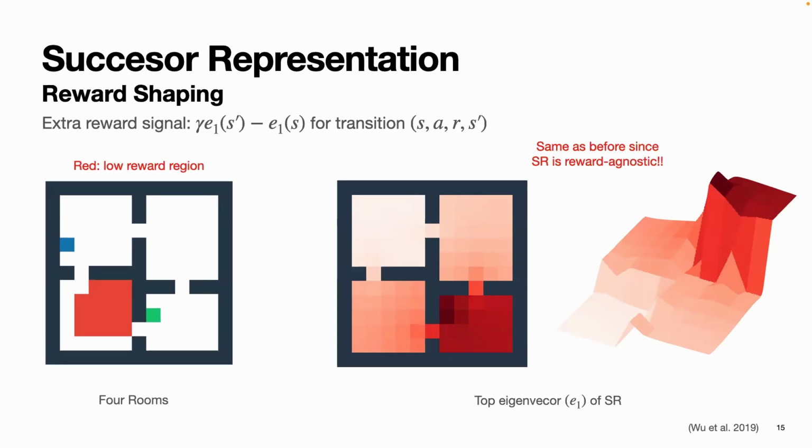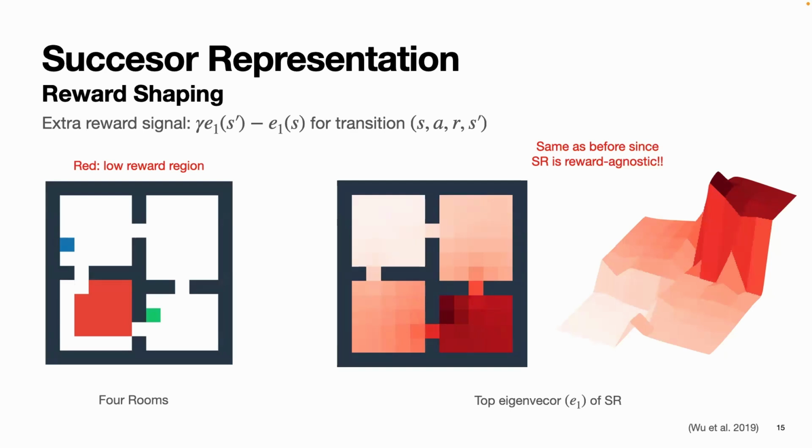If you remember a few minutes ago, when we were enumerating all the future probabilities and including all of that information in a single factor, the reward doesn't show up anywhere. So the successor representation is fundamentally reward agnostic. This is why we get the same top eigenvector, even though we introduced the low reward region.